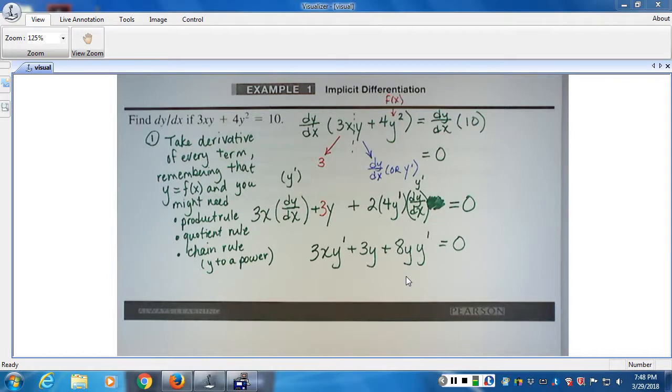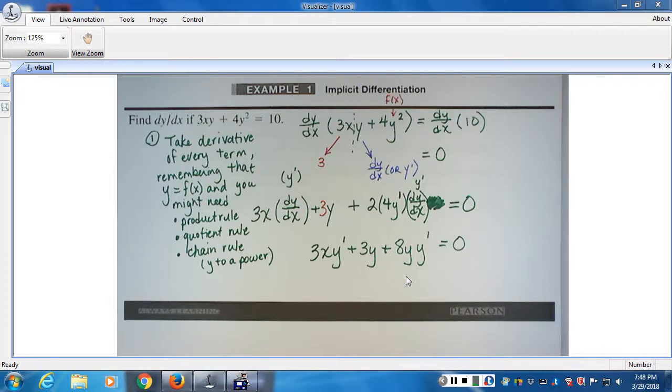Now those two say exactly the same thing. It's just you don't have that dy dx kind of messing with your mind.